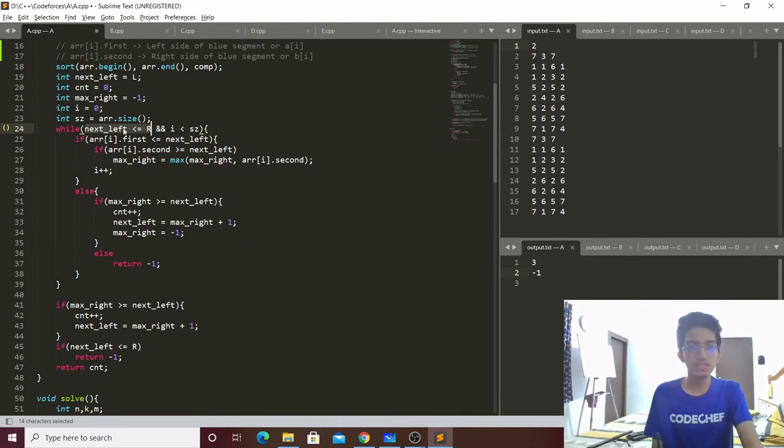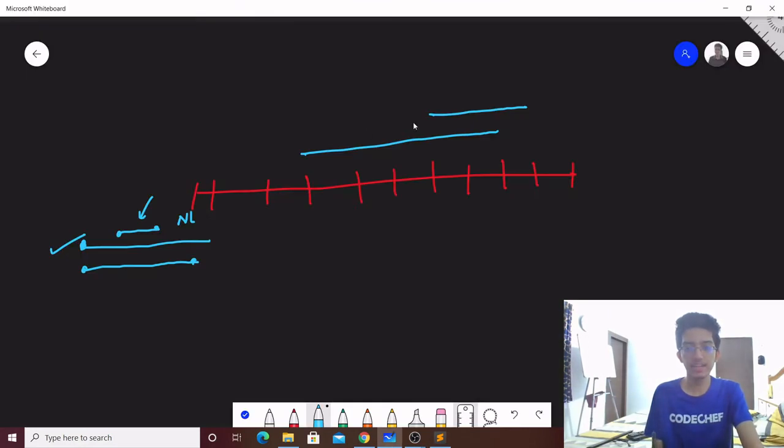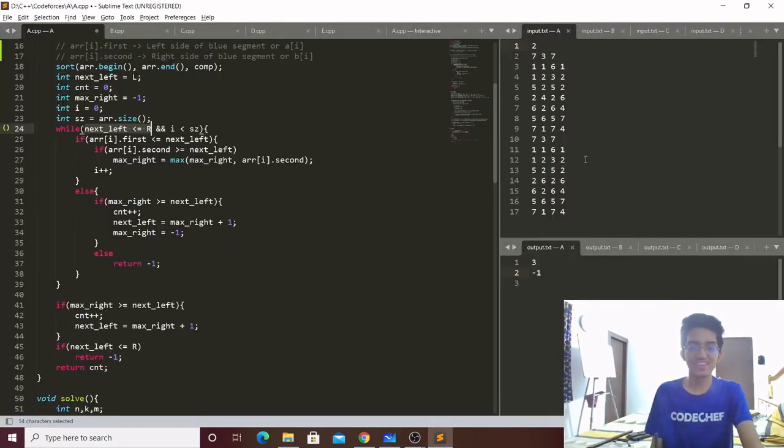So if our next left becomes greater than our right, so if our next left is here, that means that we have covered all the left segments and it makes no sense to keep on looking for more snakes to cover the red segments. This is a little confusing, but this is a very standard algorithm and I want you to understand it really carefully.